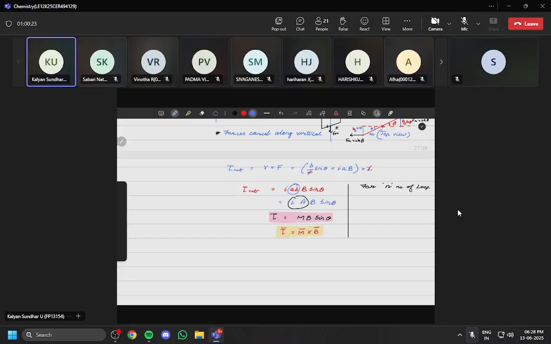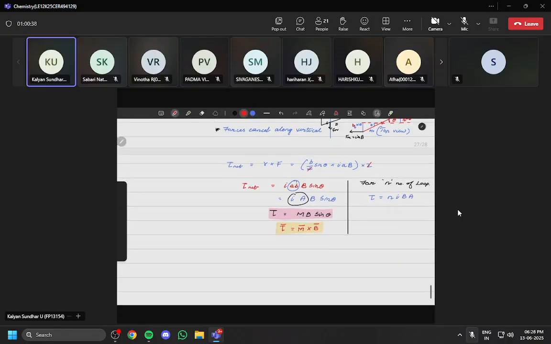So what about your n number of loops? This is only for one loop, and for n number of loops, it will be multiplied with n. So torque can be written as n I B A sin theta. Considering that theta is making an angle of 90 degrees between the A vector and B vector.